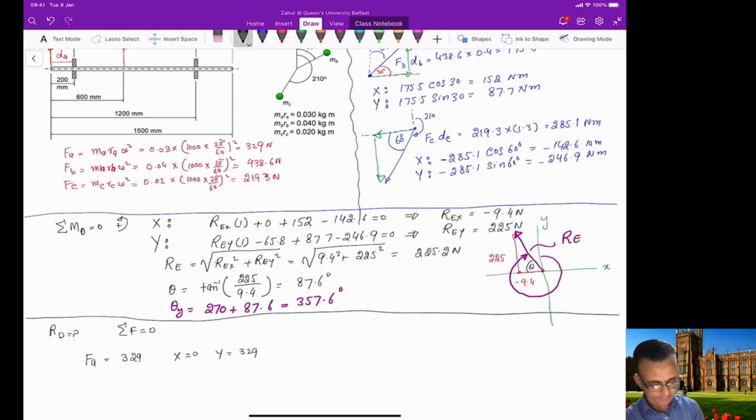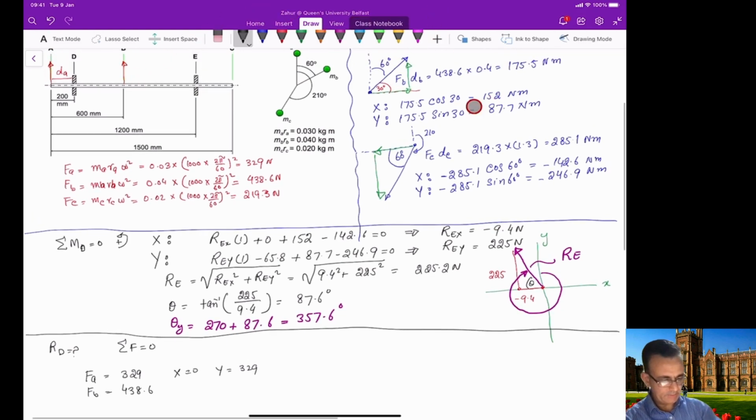Similarly for the FB, which is 438.6, and the direction of this force is obviously in the same direction as this one. So you can calculate its x value.